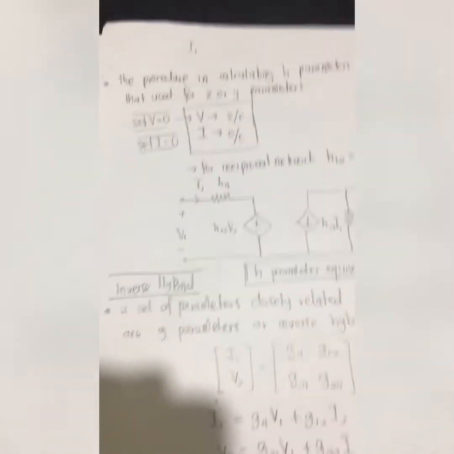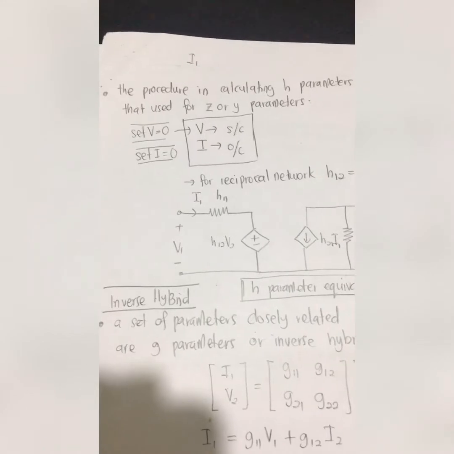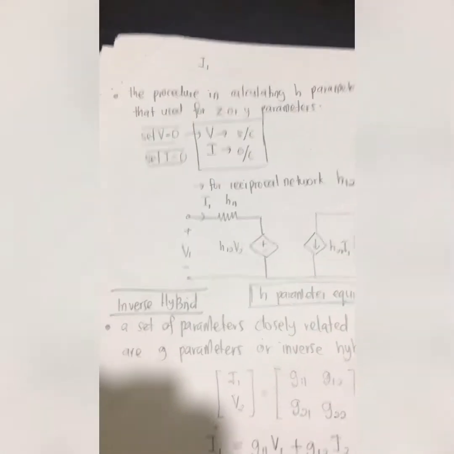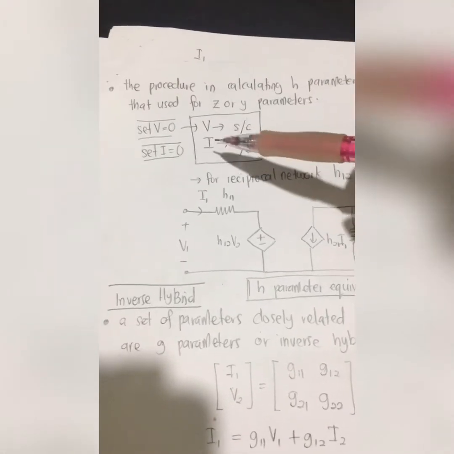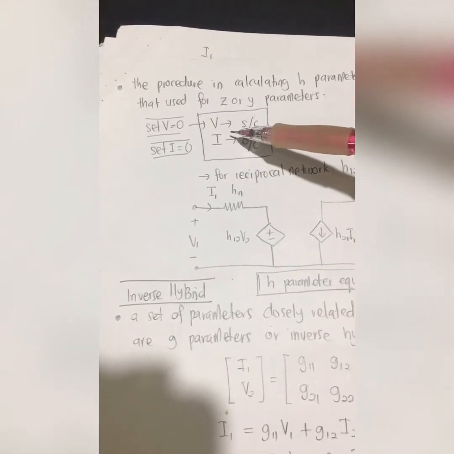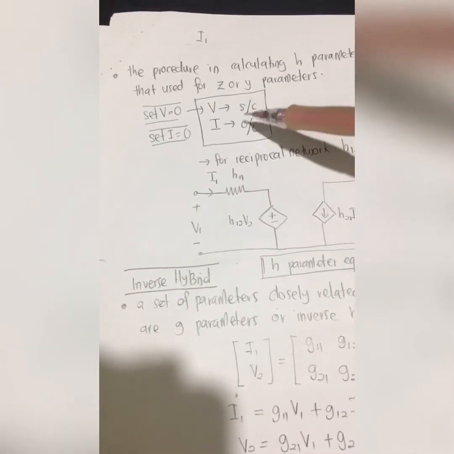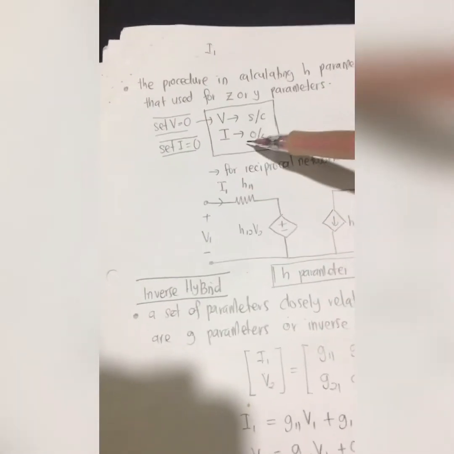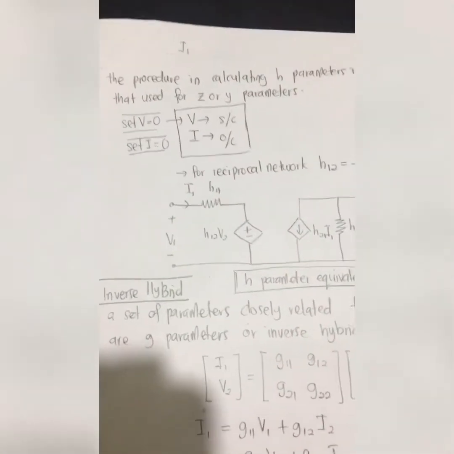Similarly to what we did for impedance and admittance parameter, when we set voltage as 0, the voltage is being short circuit, while when we set current I equal to 0, the current is open circuit.